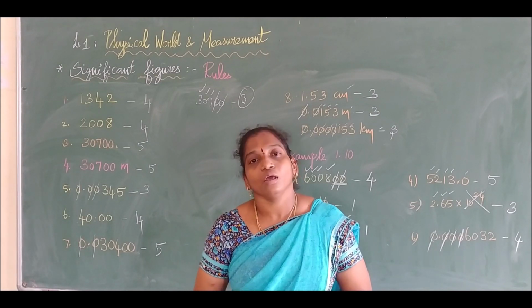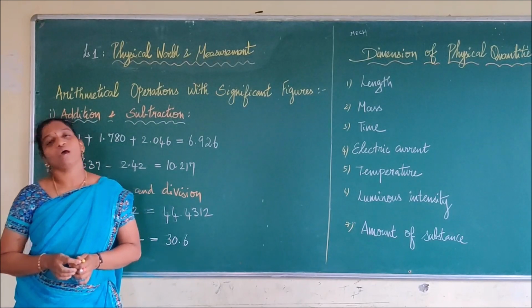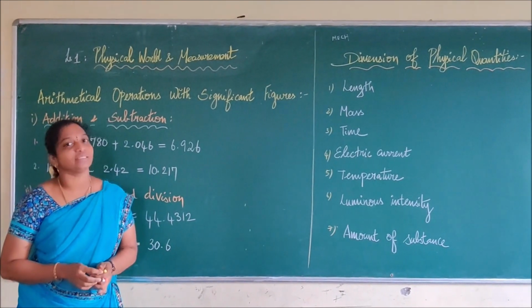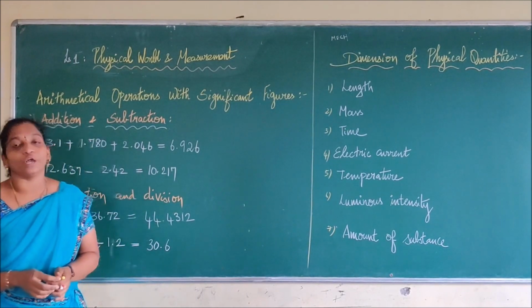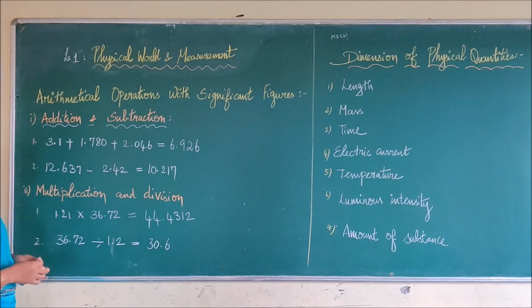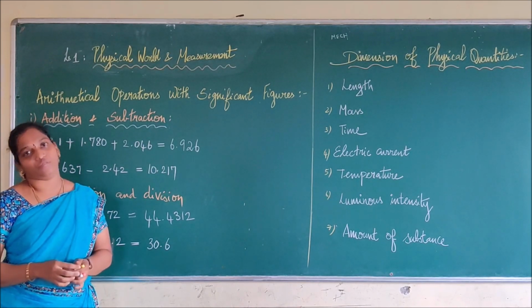So let us learn about rounding off. So we have learned about significant figures and rounding off. Using significant figures and rounding off, we are going to do some mathematical operations. So that is the arithmetic operation using significant figures.